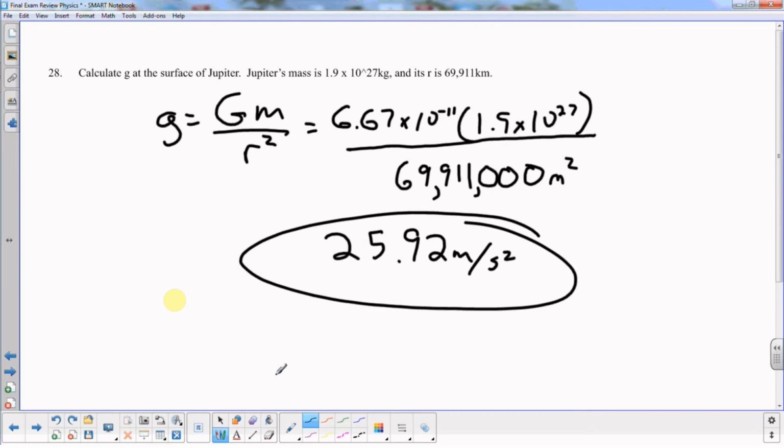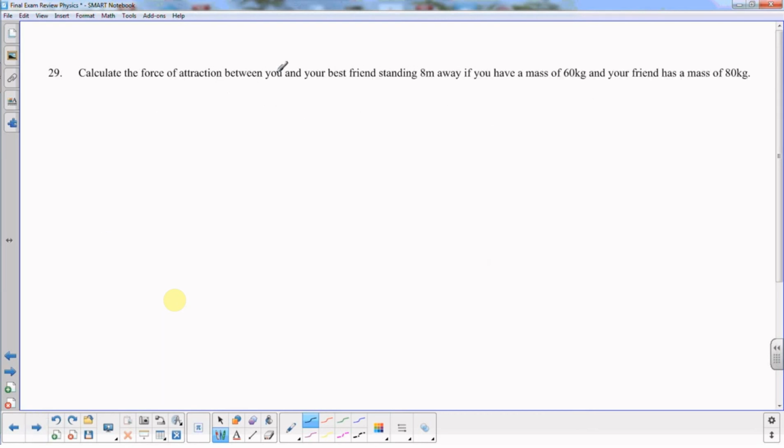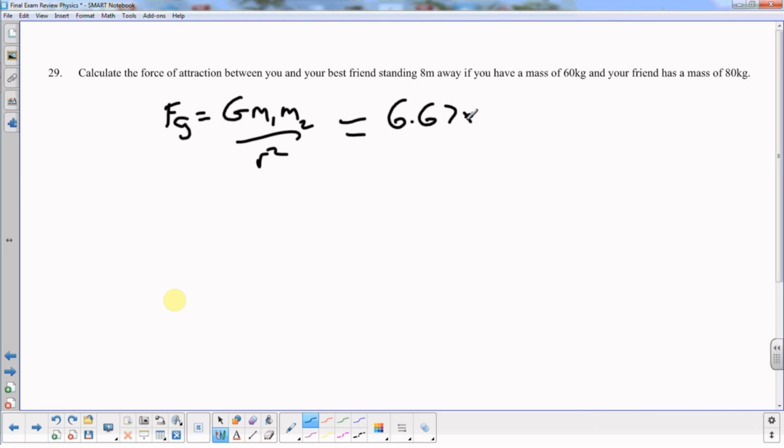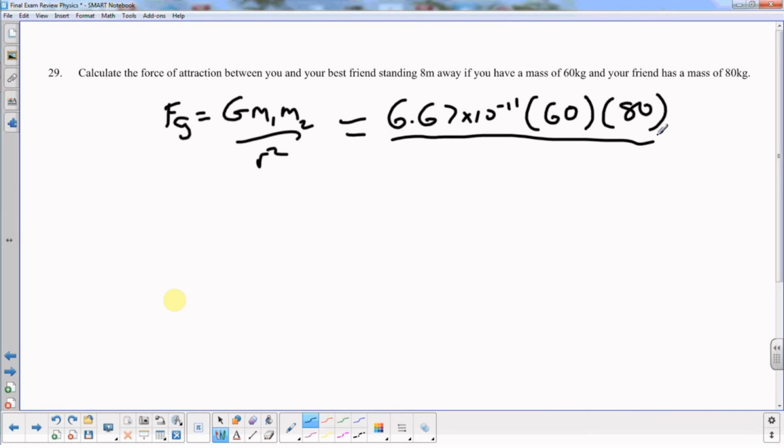Next, calculate the force of attraction between you and your best friend standing 8 meters away, if you have a mass of 60 and your friend has 80. So we're dealing with force of attraction, which is now Fg equals big G m1 m2 over r squared. There's actually a pretty good video about this too, up on YouTube. 6.67 times 10 to the negative 11 times you times your friend, masses in kilograms, all over the radius squared.